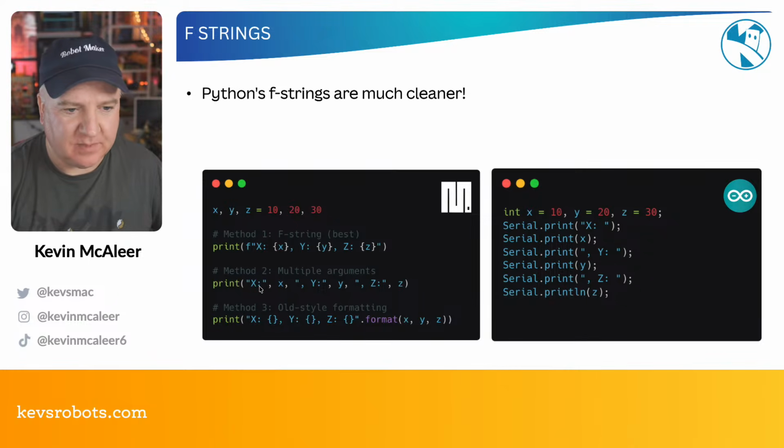We can have a different method by having x colon and then closing the quotes, having a comma, then the variable that's got the value, then a comma, space, y colon in quotes, comma and then the variable again. Or you can do the very old style where you say x brackets, y brackets, z brackets, and then dot format x, y, z, and it will swap out for each of those in order.